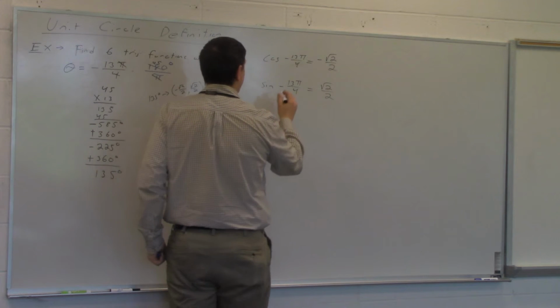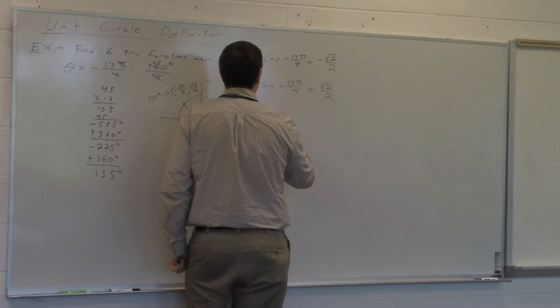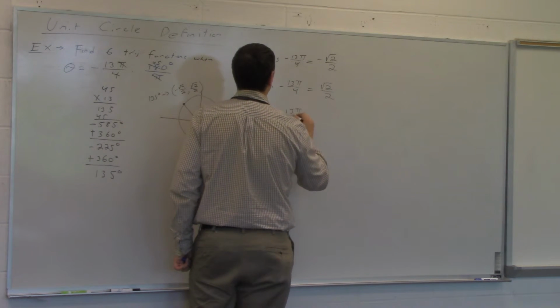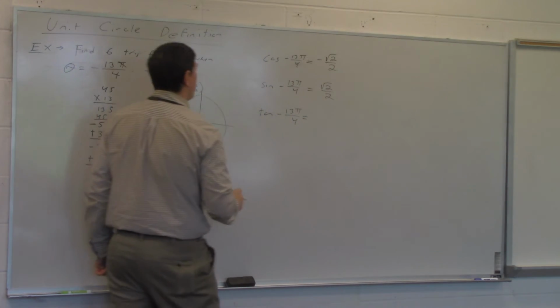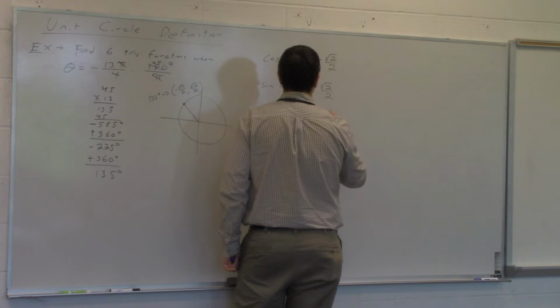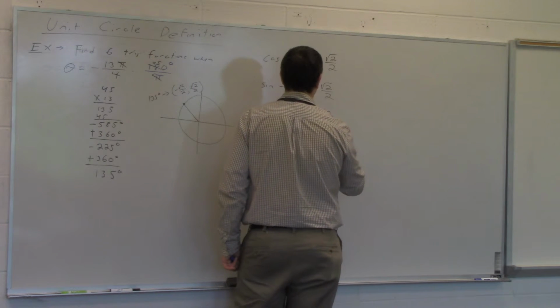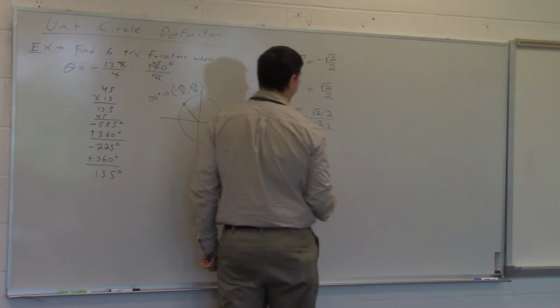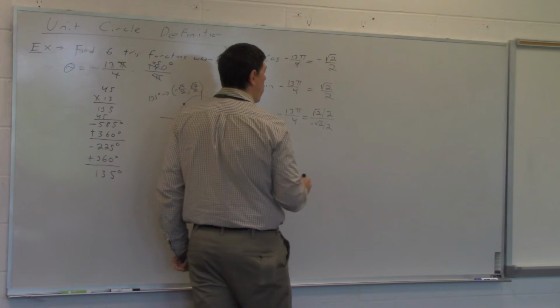And then, if I want the tangent of negative 13 pi fourths, we just take the y coordinate divided by the x coordinate, so we get root 2 over 2 divided by negative root 2 over 2, which ends up just being negative 1.